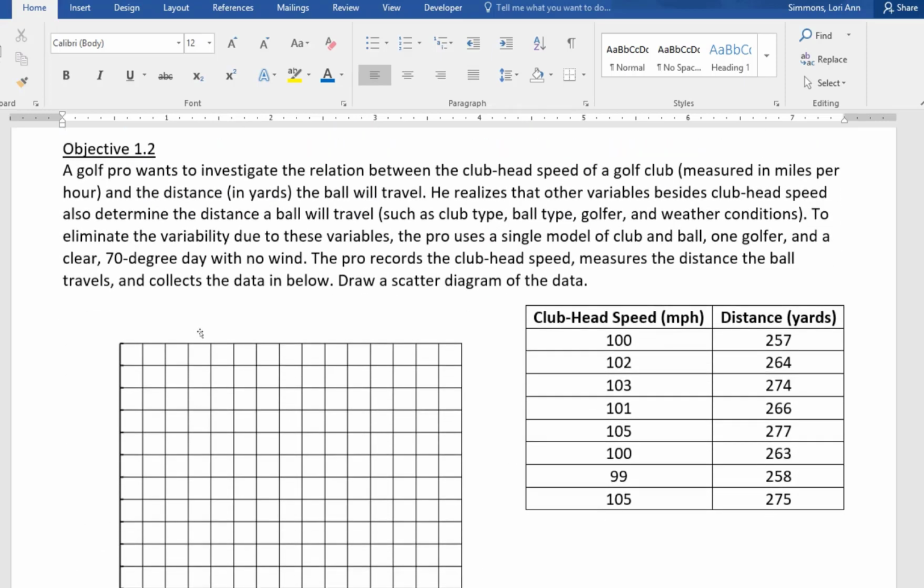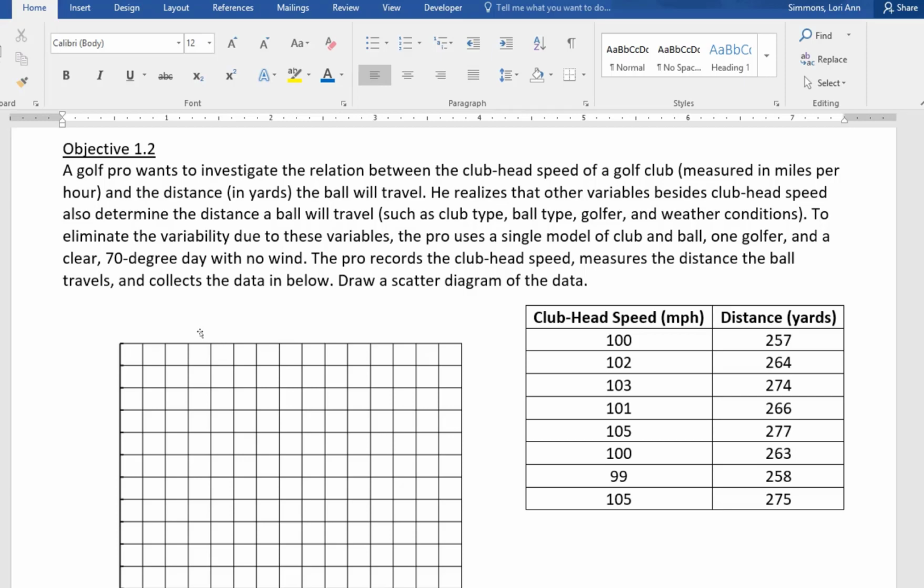Let's work on an example. A golf pro wants to investigate the relation between the club head speed of a golf club, measured in miles per hour, and the distance in yards the ball will travel. He realizes that other variables besides club head speed also determine the distance a ball will travel, such as club type, ball type, golfer, and weather conditions.